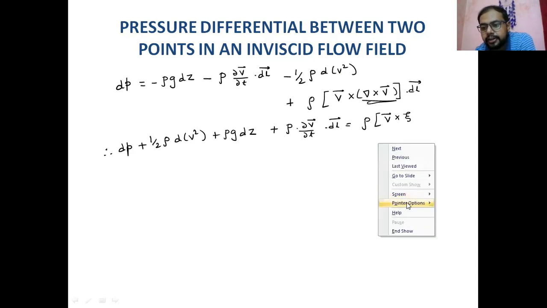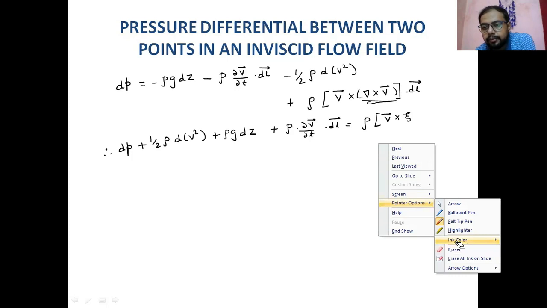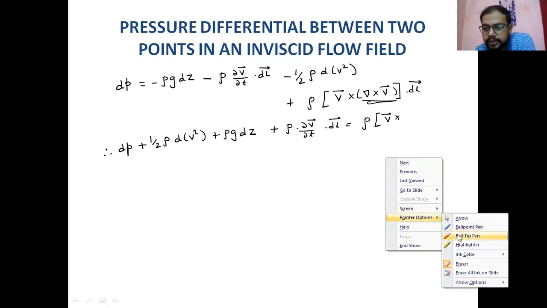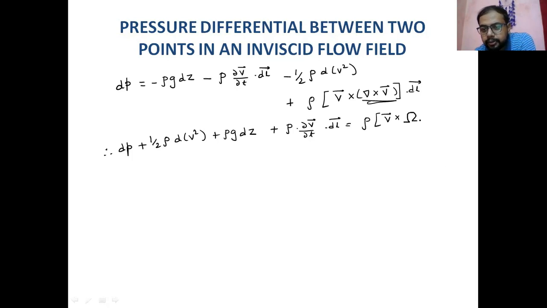Curl of the velocity vector is known as the vorticity vector. So we can write the vorticity vector dot dl. This is known as the Euler's equation of motion.